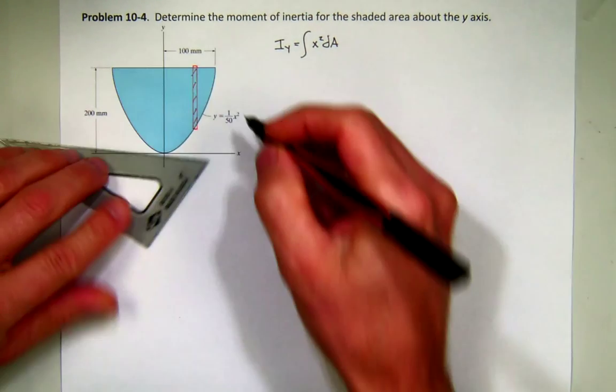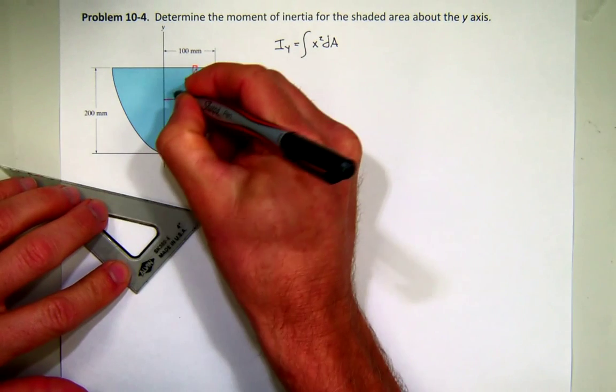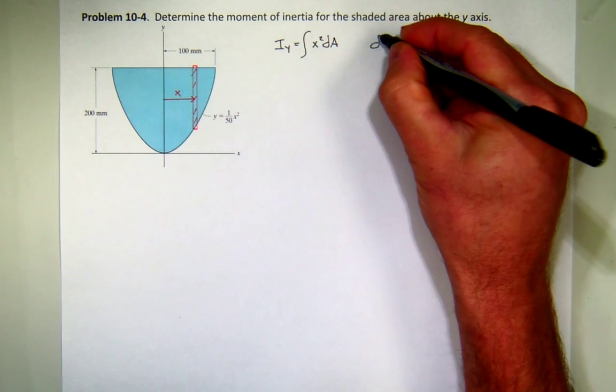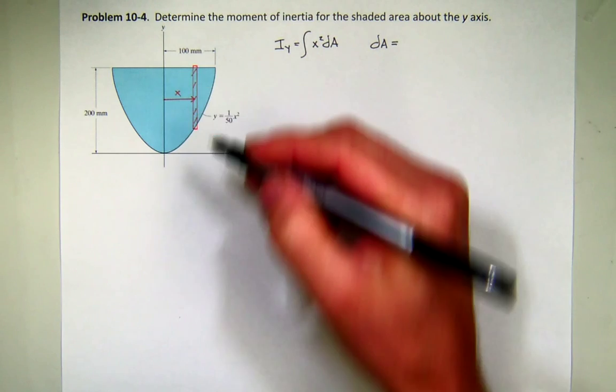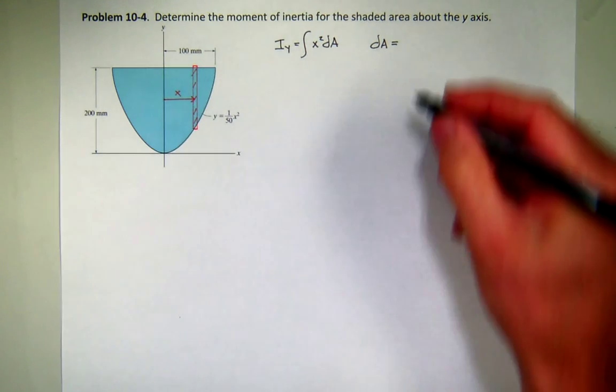And just remember that our y value is easily obtained. I'm sorry, x value. So what would be the differential area for that? Well, how tall is it? 200 minus y. Right.